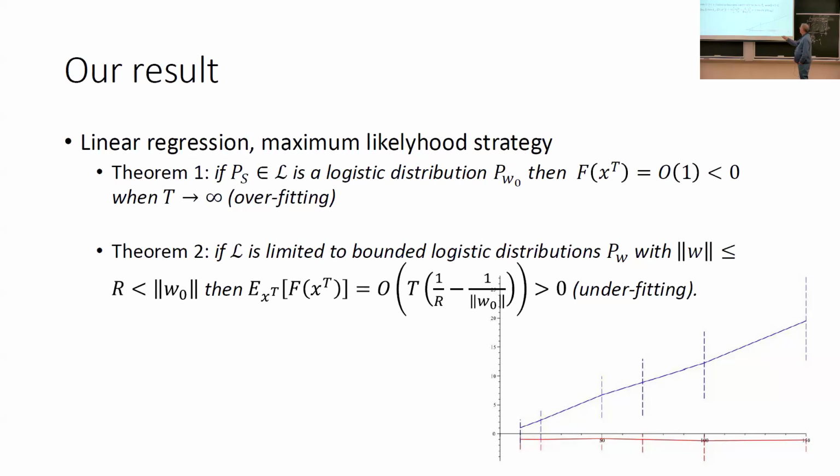For example, the set of models is all logistic functions bounded by some R. Then you have underfitting, and the underfitting index is increasing with t. It is linear. Of course, you always have a non-zero error at each feature, at each training set. Therefore, when you add all the errors, at the end you have something which is linear.